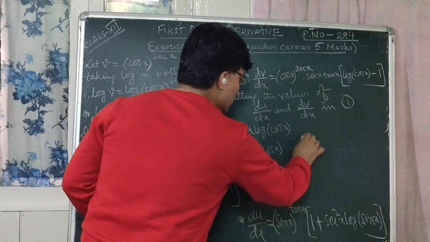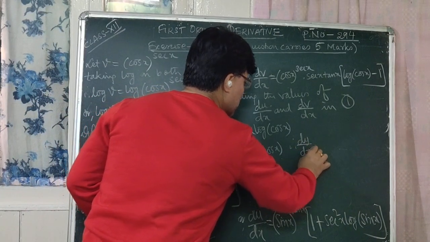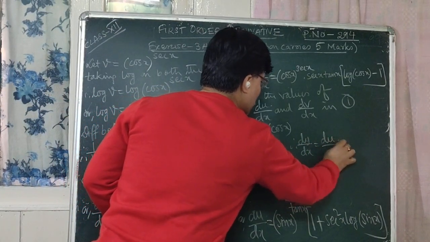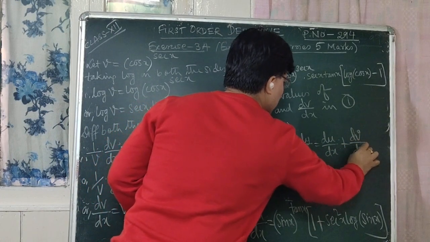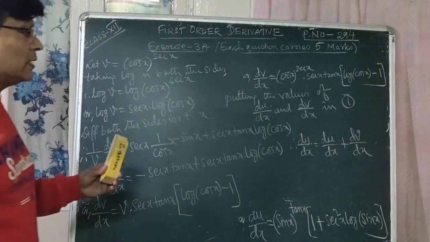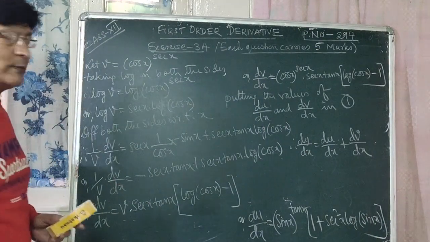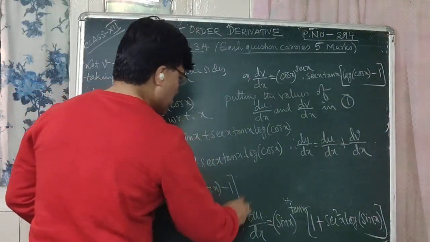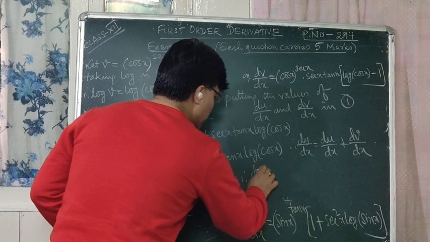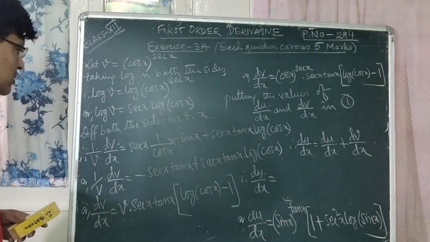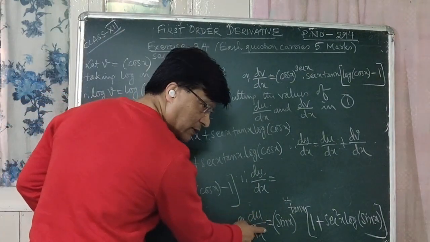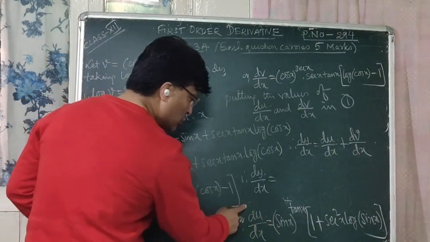Number 1 was dy by dx is equal to du by dx plus dv by dx, right? So now therefore dy by dx is equal to, what is du by dx? This one. This is the value for du by dx.